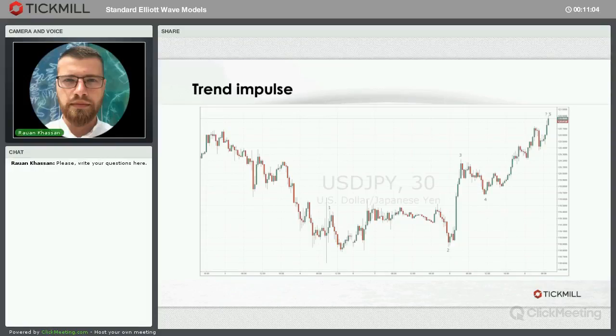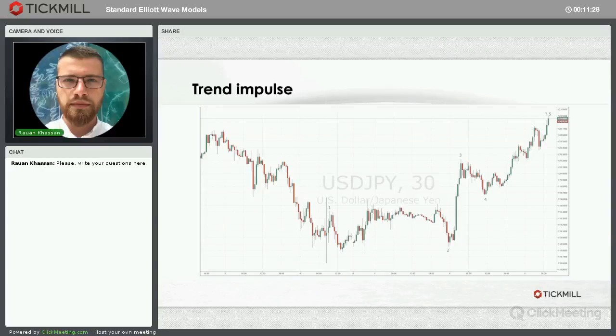So that is the depiction, once again on United States dollar to Japanese yen, of how trend impulse looks on real charts. This is a 30 minutes time frame, so if you are trading this pair, you should be familiar with the trading range.